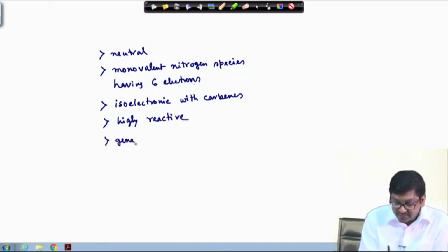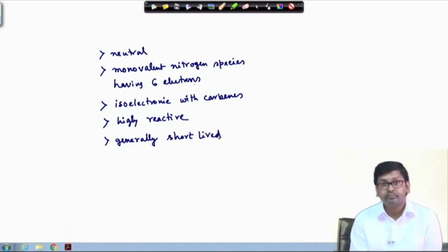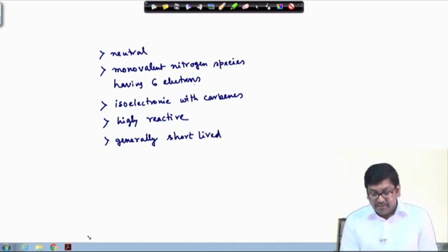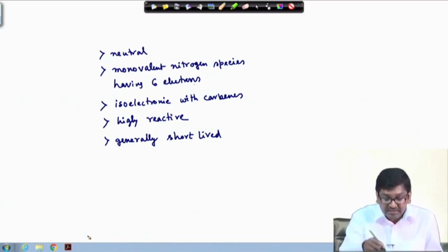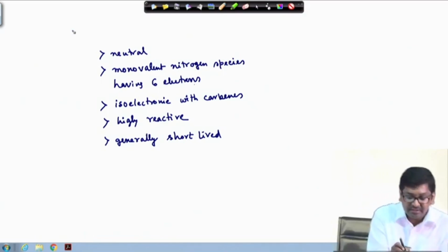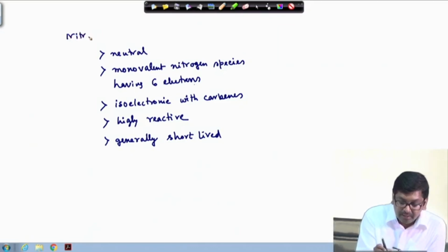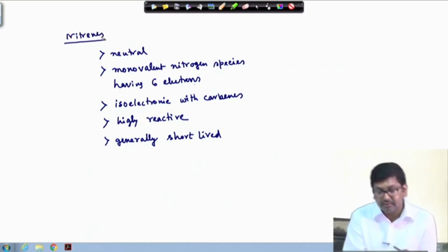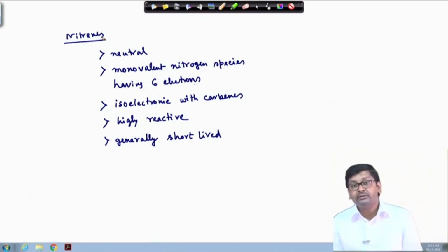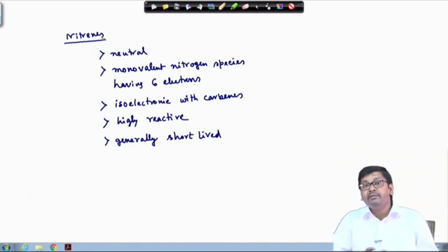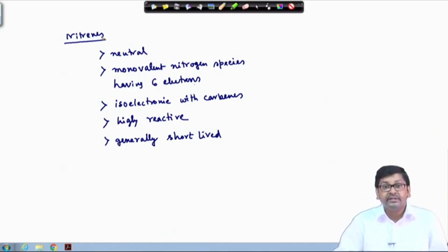Generally short lived, okay. And all these characteristics for these nitrenes actually match with carbenes, but still there are certain aspects or certain reactivities that are different from the carbenes. Why it is like this, we will discuss that also.